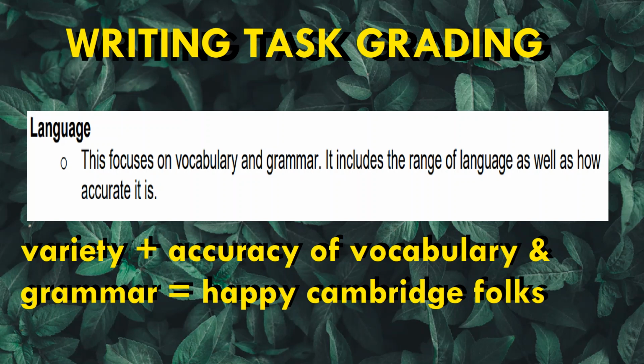If you imagine a little bit of a graph, what they're asking for is a wide variety of language, but at the same time, you're using that language accurately and appropriately. So your language mark focuses on your vocabulary and your grammar, the variety or range of it you use, and how accurately you have used it.